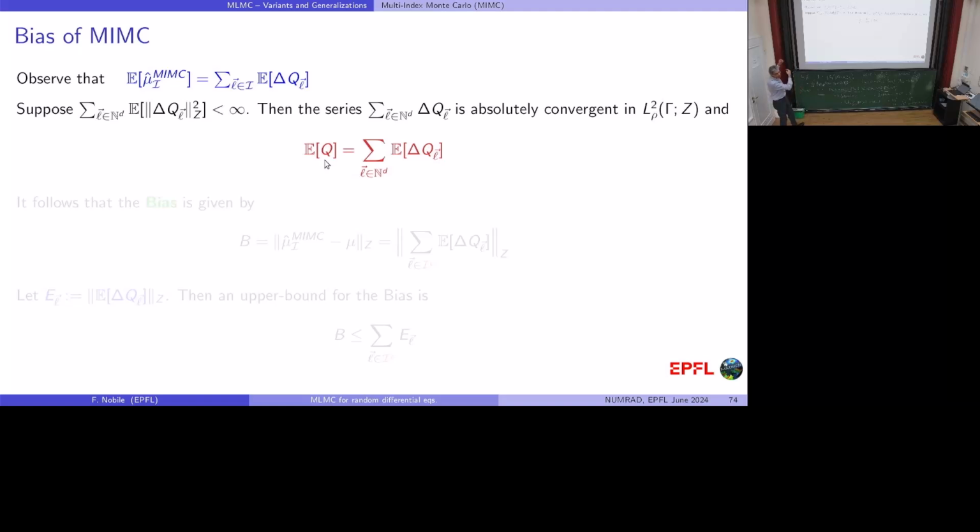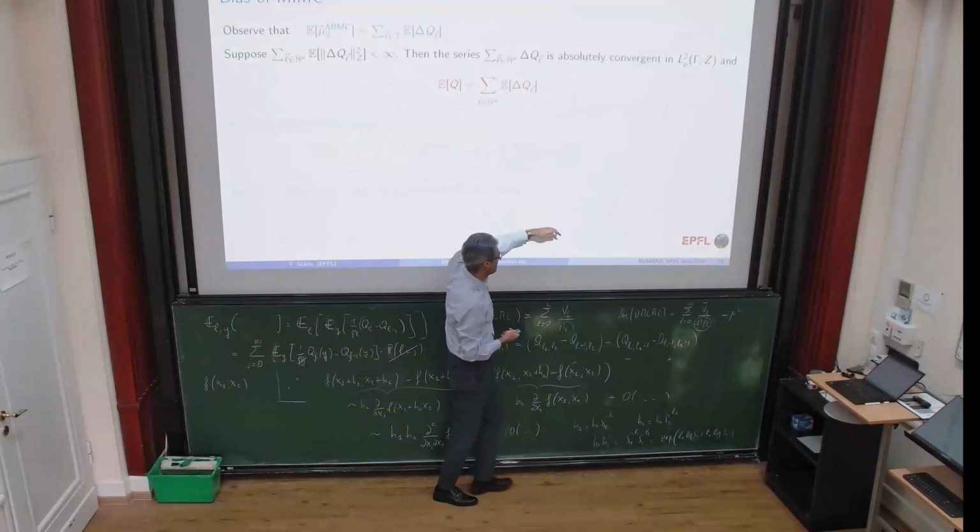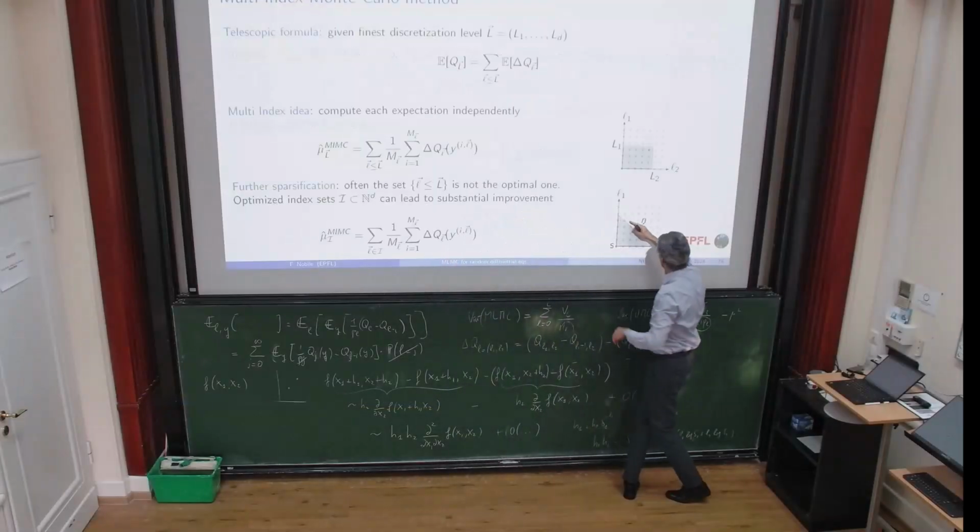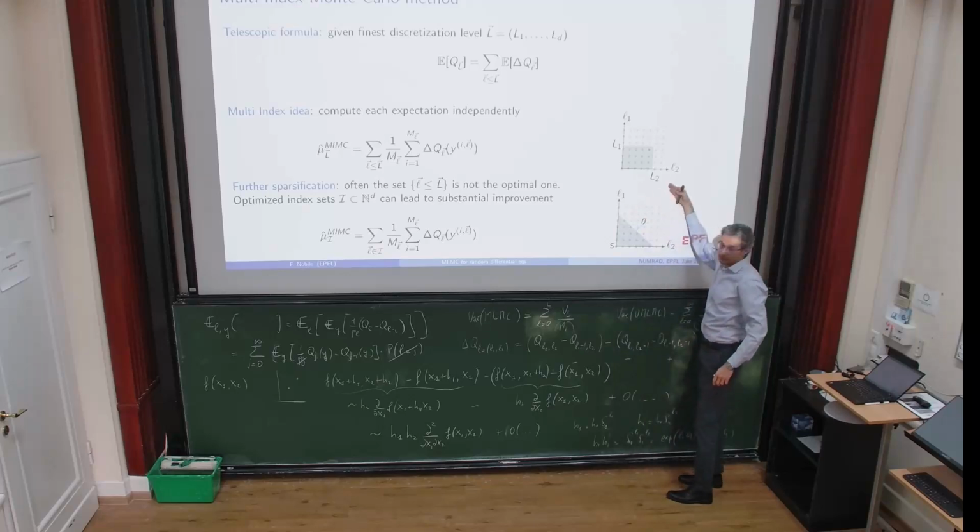Like in the unbiased one, I use this infinite series. So the bias would then be the difference between this and this, which is essentially the sum over the complement. So if I want to characterize the bias, I have to understand what is the sum of these deltas over all the complements, so all the terms that I've thrown away.